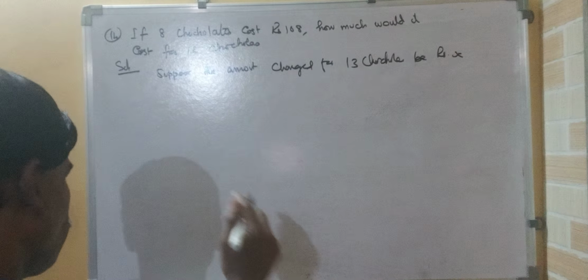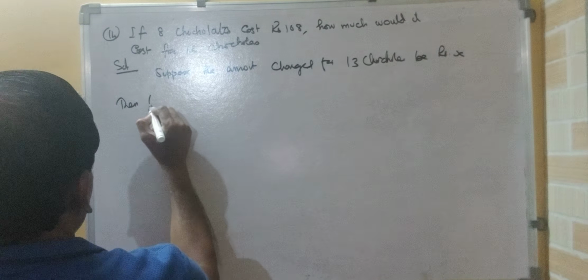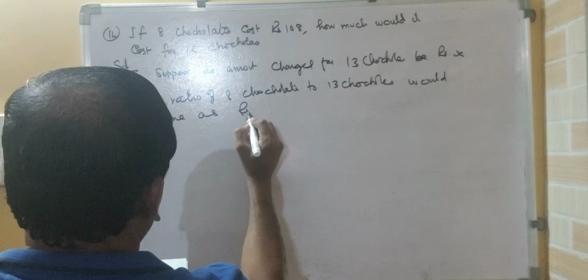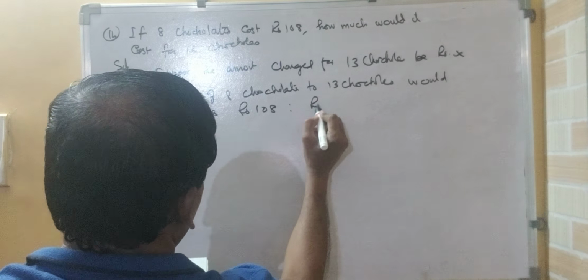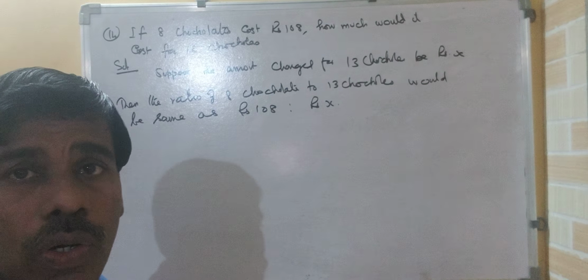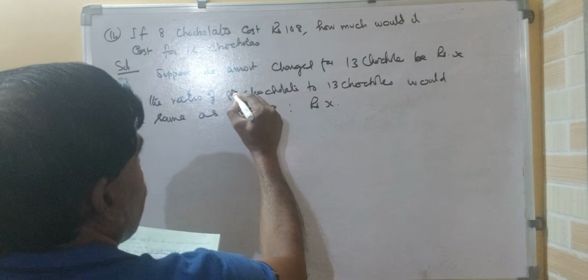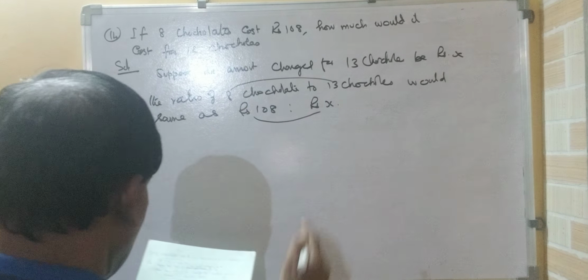Now the ratio of 8 chocolates to 13 chocolates would be the same as rupees 108 is to rupees X. Why? Because it is in direct proportion. See, if chocolates increase, then the amount also will increase.